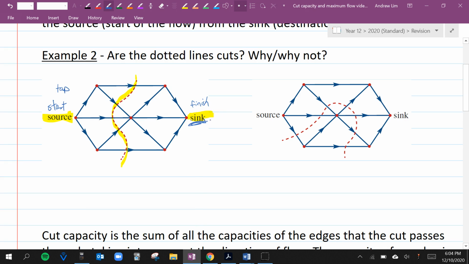That's where it ends up. So yes, this is a cut, because the line completely separates the source from the sink.